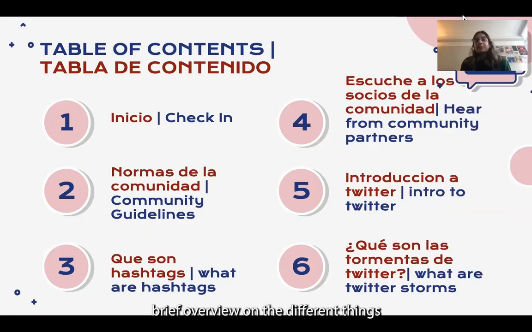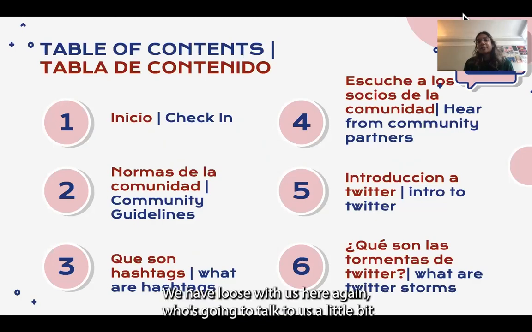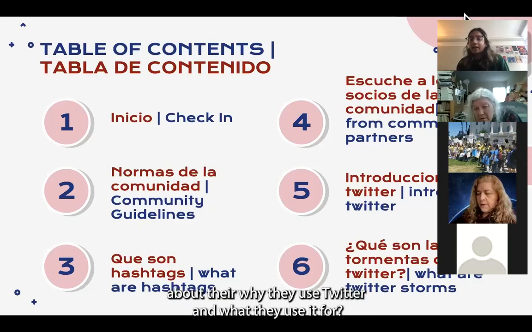Just as a brief overview of what we will be covering today, we'll have a brief check-in. We just did our community guidelines. We're going to be talking about what hashtags are and why they are important in organizing. We're going to hear from a community partner today, the Anti-Police Terror Project. We have Luce with us here again, who's going to talk to us a little bit about why they use Twitter and what they use it for.